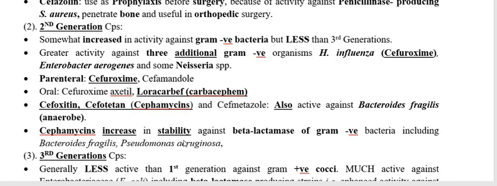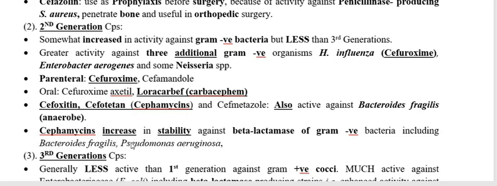So the drugs that belong to second generation cephalosporin have increased gram negative activity, not only against the usual gram negatives but also against H. influenzae, Neisseria, and Enterobacter aerogenes, as well as acting against Pseudomonas aeruginosa and Bacteroides fragilis.